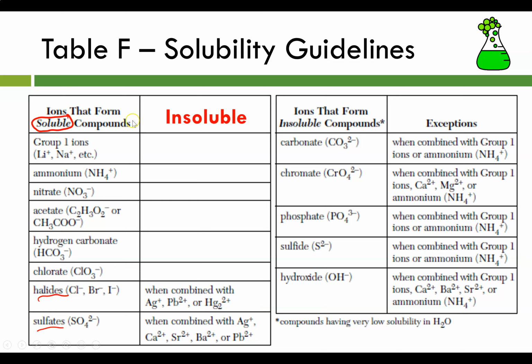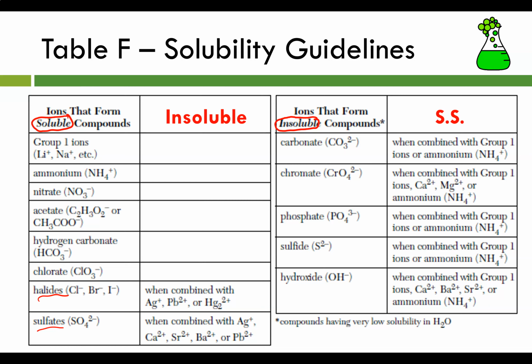If we move over to the other side of the table, we've got ions that generally form insoluble compounds. Carbonates, chromates, phosphates, sulfides, and hydroxides typically don't dissolve in water when they're in a compound. If you look at the exceptions, they're generally group 1 and ammonium, which are always soluble. So I like to think of the exceptions as being slightly soluble. That's what SS stands for here.